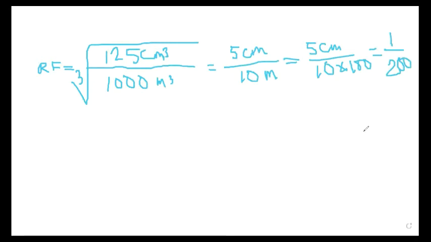Okay. Next, construct a plane scale to measure up to 30 meter and measure a distance of 20 meter. So the maximum length is given. Maximum length equals 30 meter.